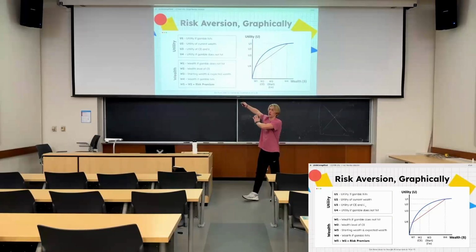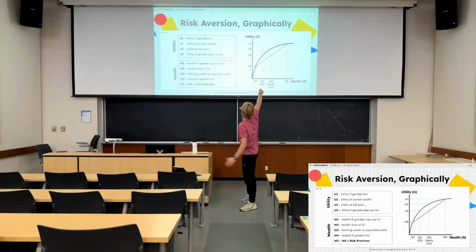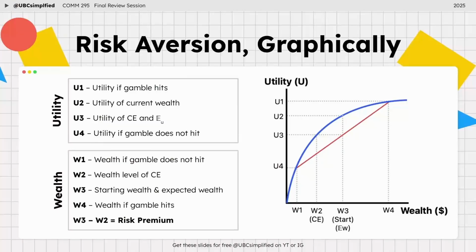So just graphically, we're showing here, again, this is the concave risk utility function. So someone is risk averse. The gamble line is below the curve here. And so if we look just on the curve here, we know that this is where our wealth starts, and then we could get our wealth to that level if we lose the gamble, or W4 if we win the gamble.